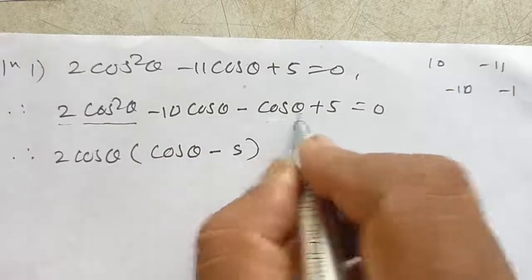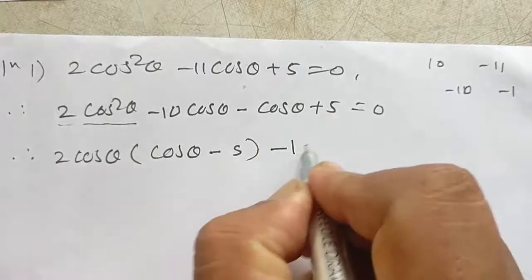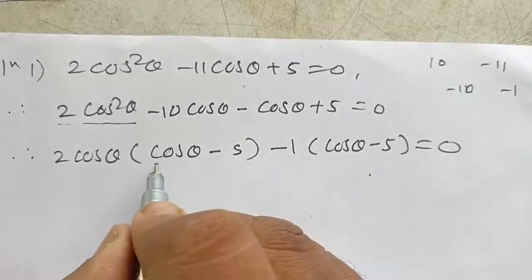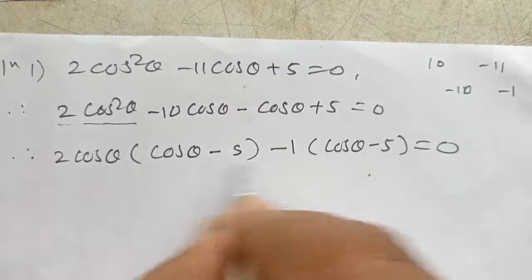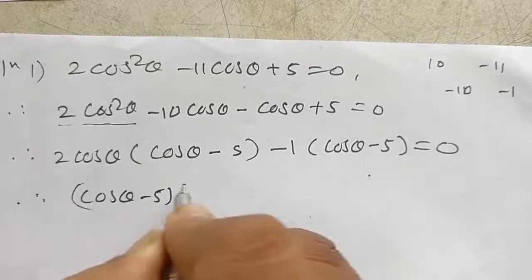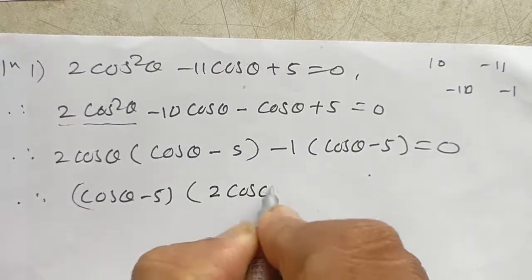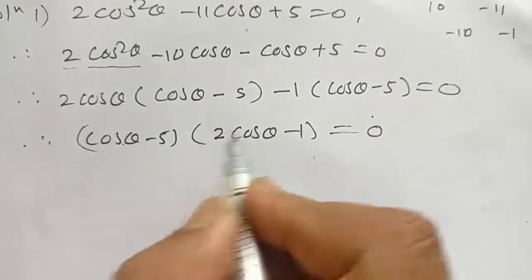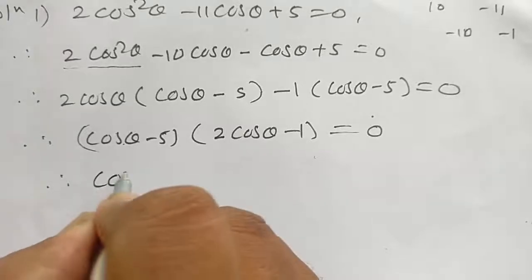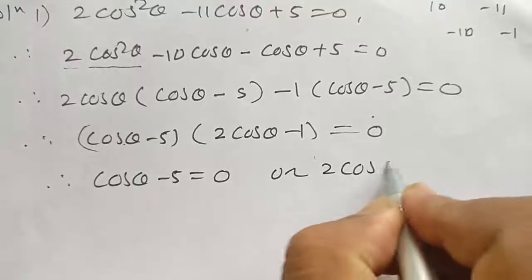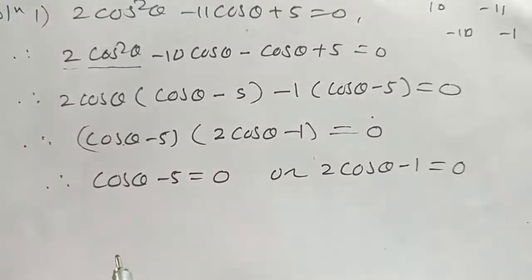Now taking -1 common from the remaining last two terms: -1(cosθ - 5) = 0. Cosθ - 5 is common, so taking it common, (cosθ - 5)(2cosθ - 1) = 0. The product of two numbers is 0, then either the first term is 0 or the second term is 0. Therefore, cosθ - 5 = 0 or 2cosθ - 1 = 0.